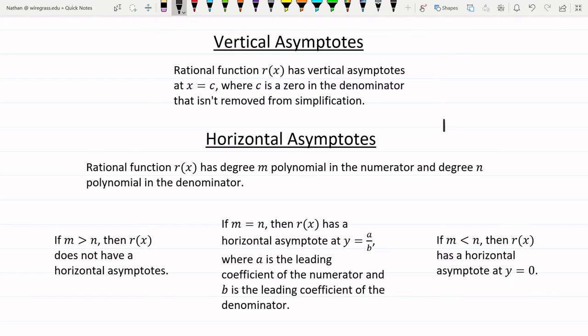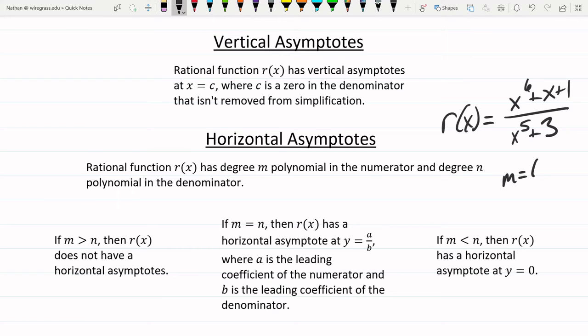For instance, if I had x to the 6 plus x plus 1 over x to the 5 plus 3, m would equal 6 because the degree of the top polynomial is 6, and n equals 5, the highest power in the denominator.